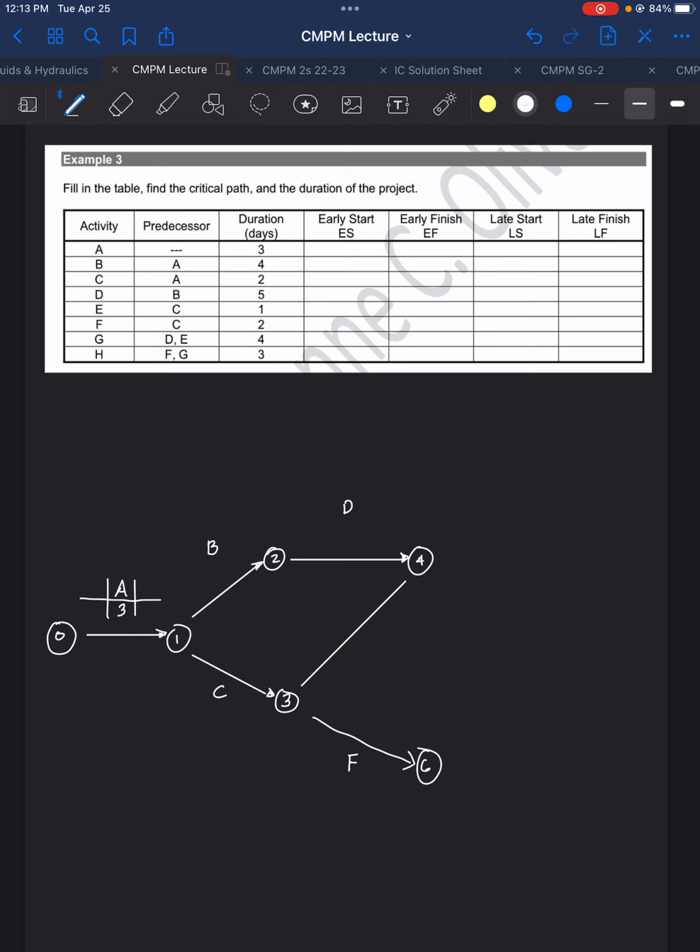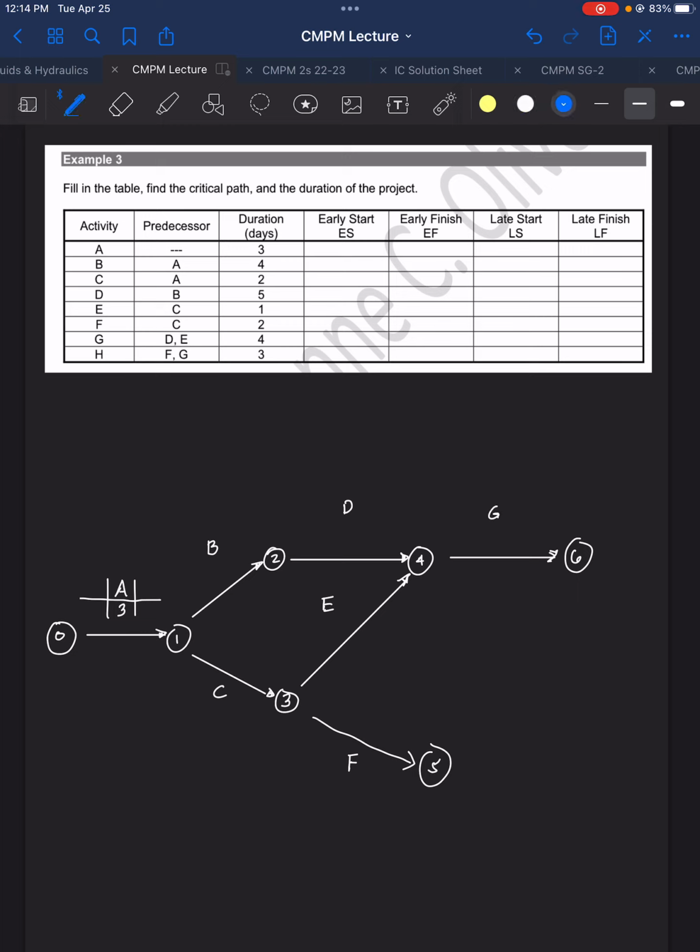Why? Because E and D should finish so that activity G can start. So this is your activity G. Since we removed node 5, we'll put node 5 here, and then we will use node 6 here. So this is activity G.